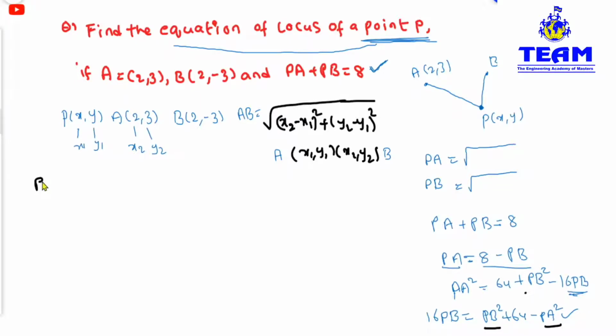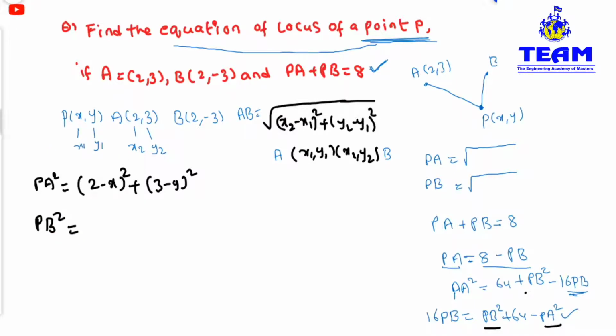First I am doing PA square. PA square is equal to, the square and root getting cancelled, (x2 - x1) whole square, that is (2 - x) whole square, plus (y2 - y1) whole square, that is (3 - y) whole square. That's it, this is PA square, friends. Now I want PB square.